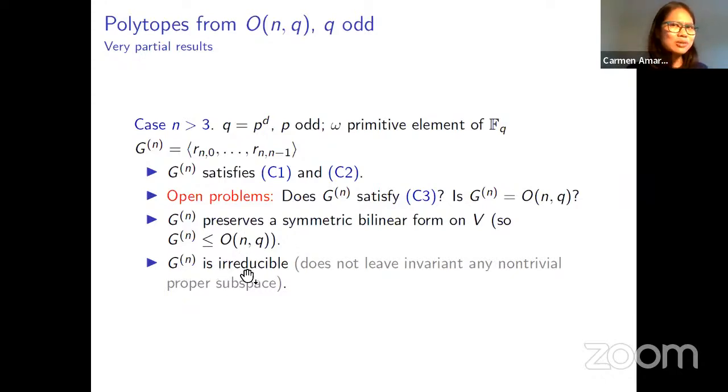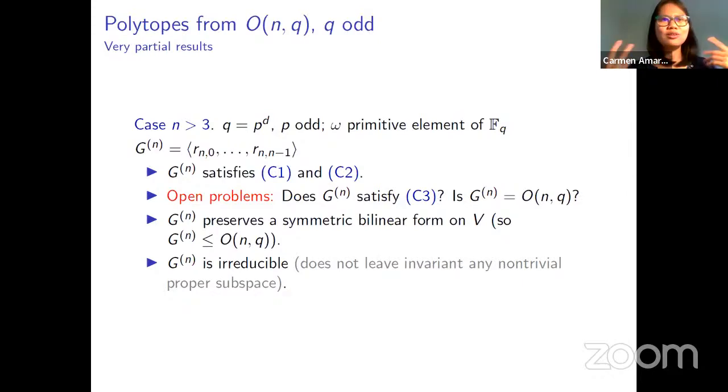And that this is irreducible, that is, it does not leave any invariant non-trivial proper subspace of V. But we have not yet established the equality. And also this part. So that's where we stopped because I had to go back to Manila. And that is also the remaining open problem.